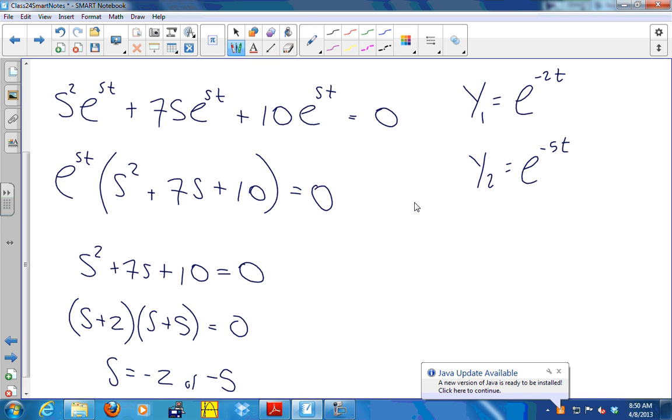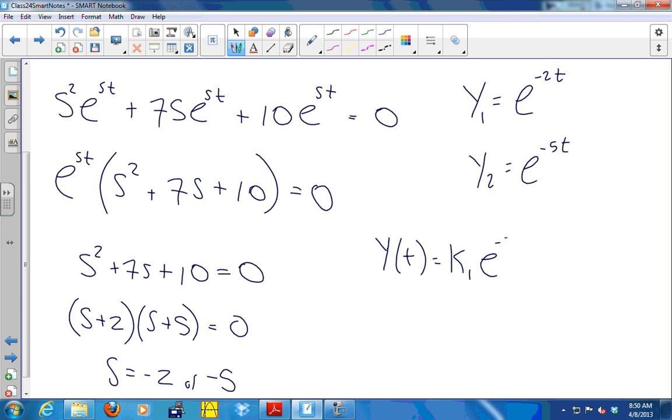Any two solutions that are linearly independent, right? That have an initial condition that don't point in the same direction. So I've got two linearly independent solutions. Take a linear combination, and I'm going to get a function y of t, k1 e to the negative 2t plus k2 e to the negative 5t.